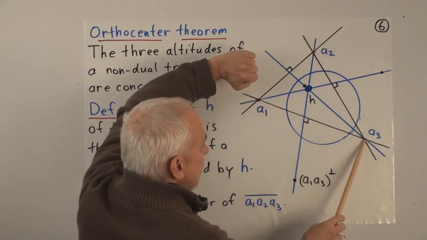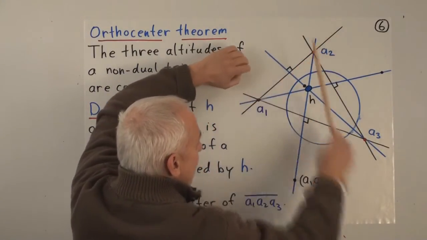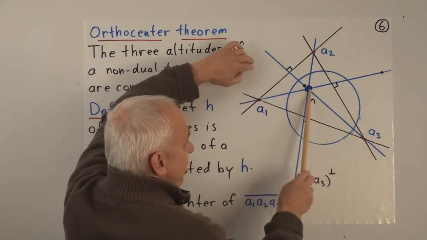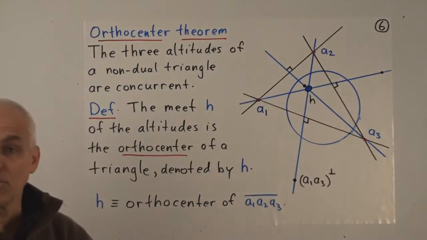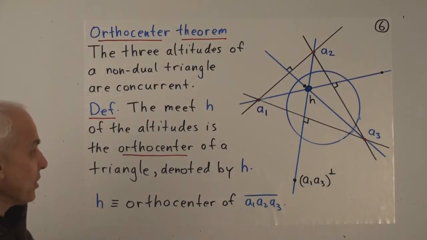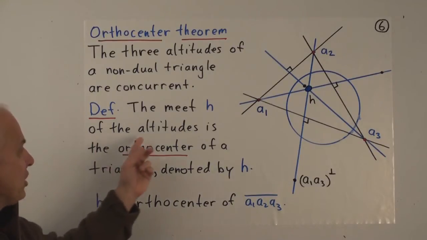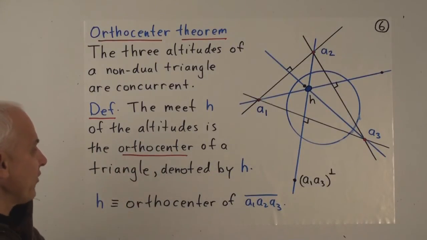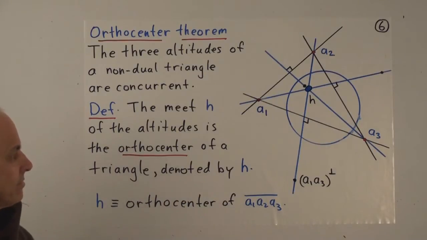And altitude from A3 to the opposite line, it's this one right here. And the claim is that those three altitudes are always concurrent. And we're going to call that point H. So the meet H of the altitudes is the orthocenter of a triangle, denoted by H. That's the theorem we want to establish.